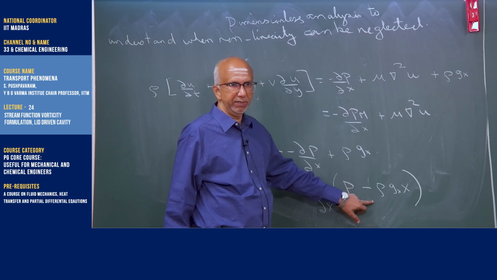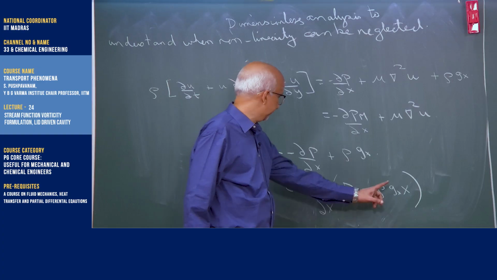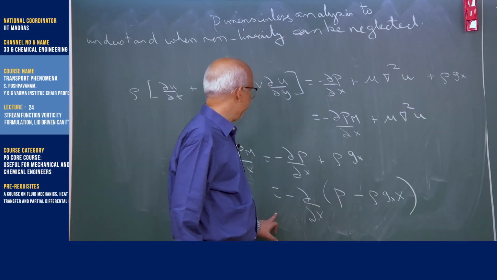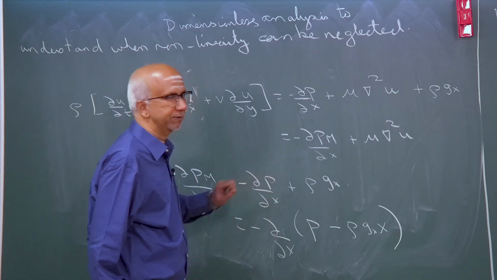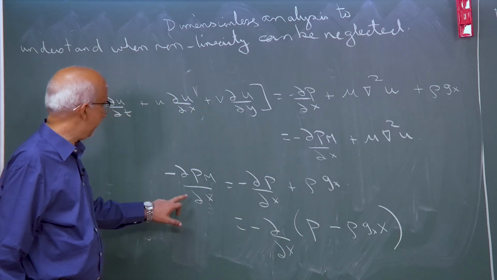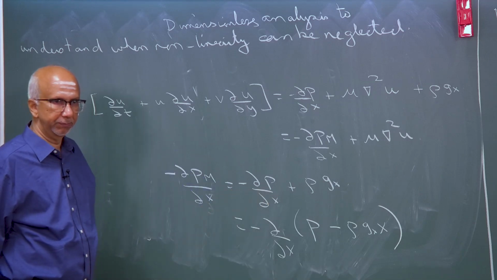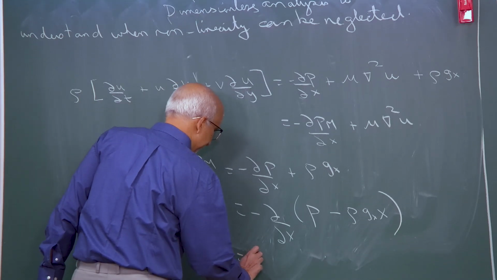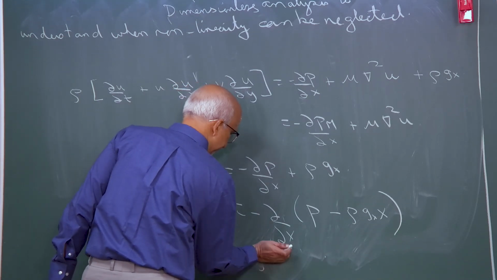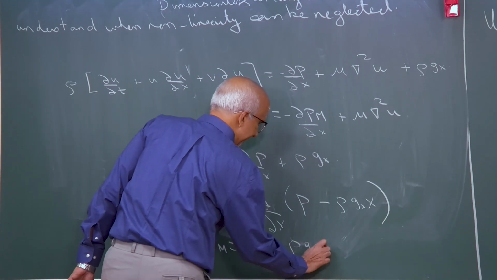Rho is a constant, the gravitational acceleration in the x direction is a constant. If I differentiate this with respect to x, I will get plus rho gx. So this is equal to this. So Pm is nothing but P minus rho gx x, a modified pressure.